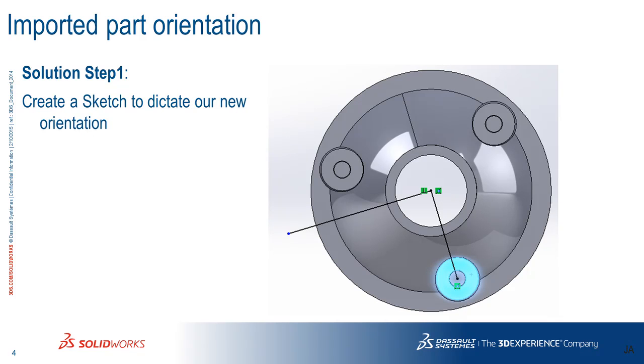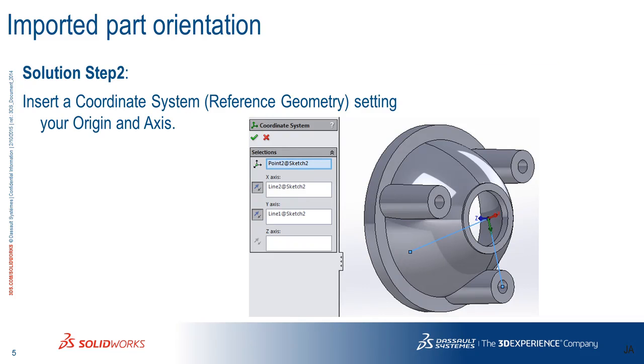Solution step one is to create a sketch to dictate our new orientation. We start on a plane that we want, or create a reference plane, and generate the sketch with our proper orientation lines. Next, we insert a coordinate system through the reference geometry area, setting up our origin and our axis.